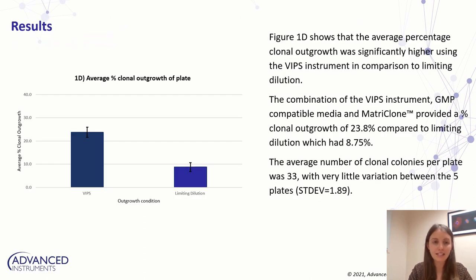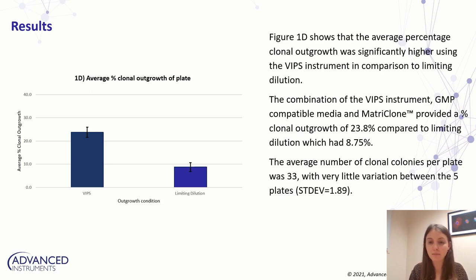You can see from the data here on figure 1D that the average percentage outgrowth of the plate was considerably higher when you use the VIPS instrument in comparison to limiting dilution. The combination of the VIPS instrument and the GMP compatible media supplemented with Matriclone provided a percentage clonal outgrowth of 23.8% compared to the limiting dilution method, which had a percentage clonal outgrowth of 8.75%.